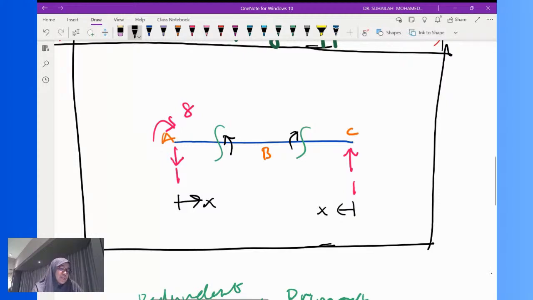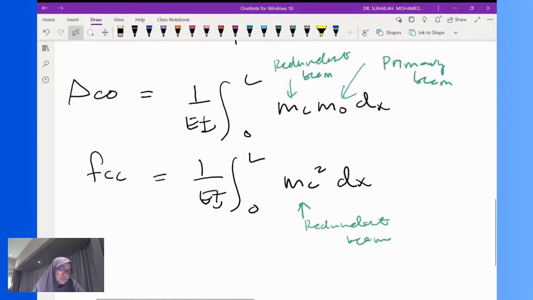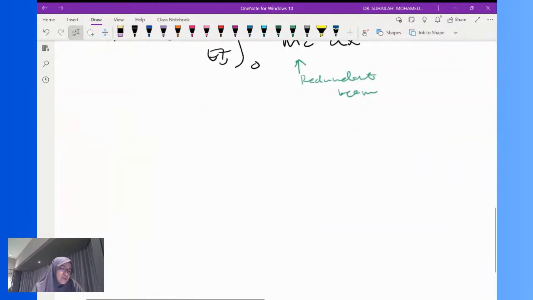Okay, so this is MC. C is the symbol for the redundant. Actually, after this, we will change the C symbol to 1 because this is 1 redundant. So we will change MC to M1 later on in the next example. Okay, so we have to write the moment equation. Normally the moment equations, we will put into table form as well.